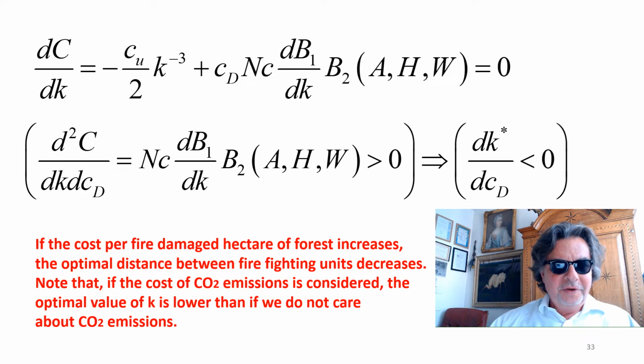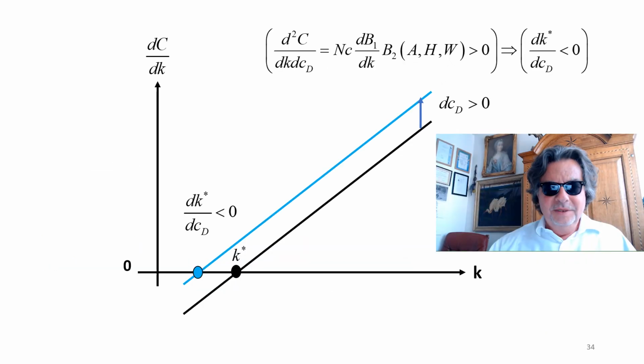If the cost per fire-damaged hectare of forests increases, the optimal distance between firefighting units decreases. Note that if the cost of CO2 emissions is considered, the optimal value of k is lower than if we do not care about CO2 emissions. And this can also be seen graphically.